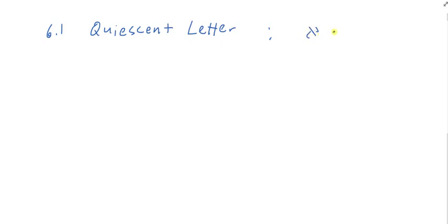So we have the aleph, the hey, the vav, and the yod. What we're going to be focusing on in this little section of our lesson are just the aleph and the yod. Okay, so that's our focus today: quiescent aleph and quiescent yod.